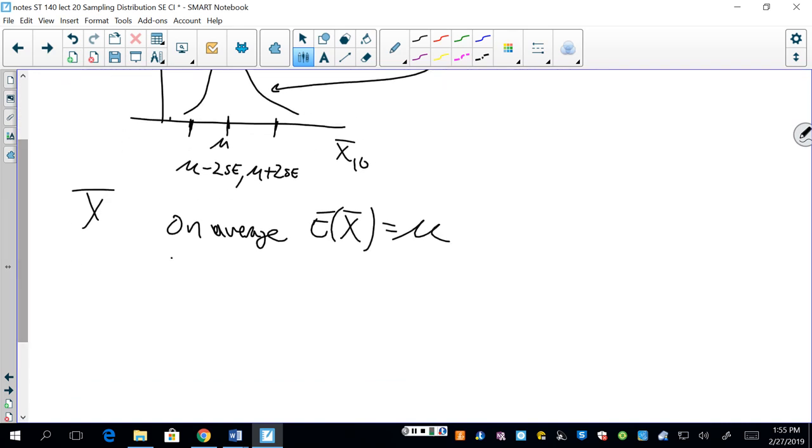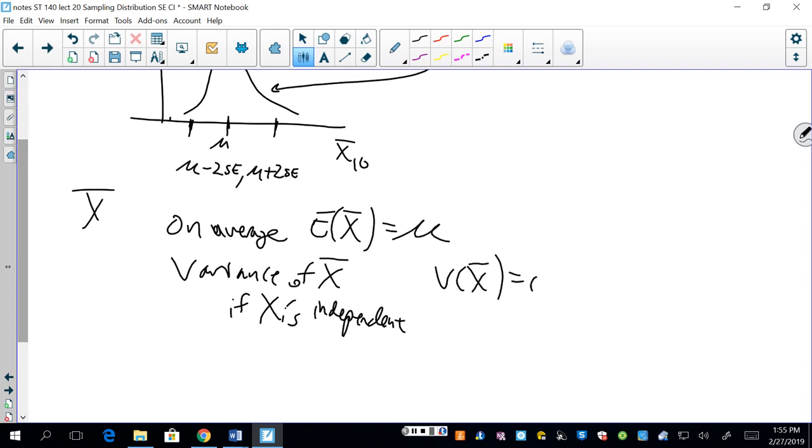And the variance of X bar: if the X i's, if all of our measurements are independent of one another, then the variance of X bar is like the variance of an individual measurement, but divided by n, as we're averaging more things together.